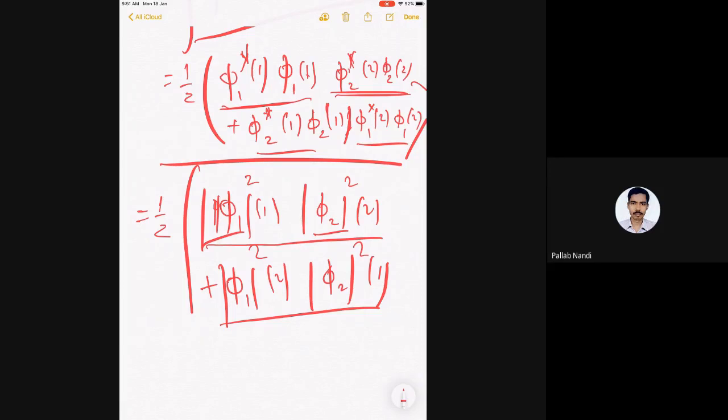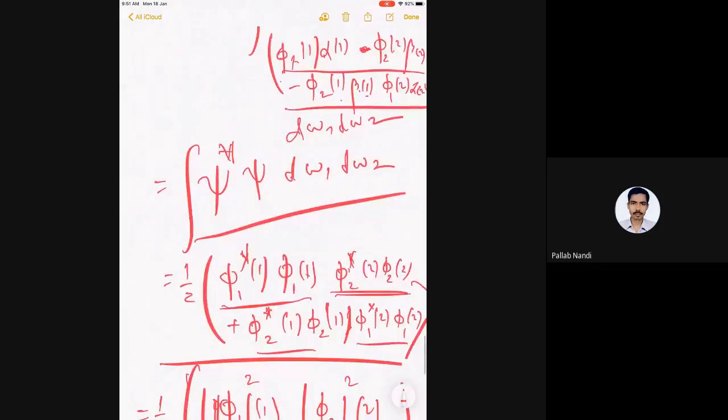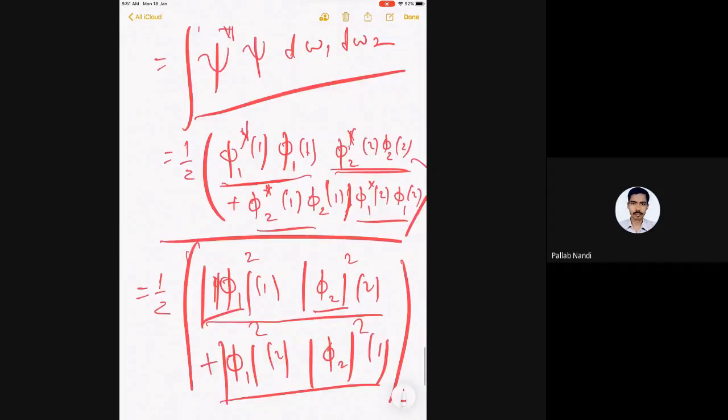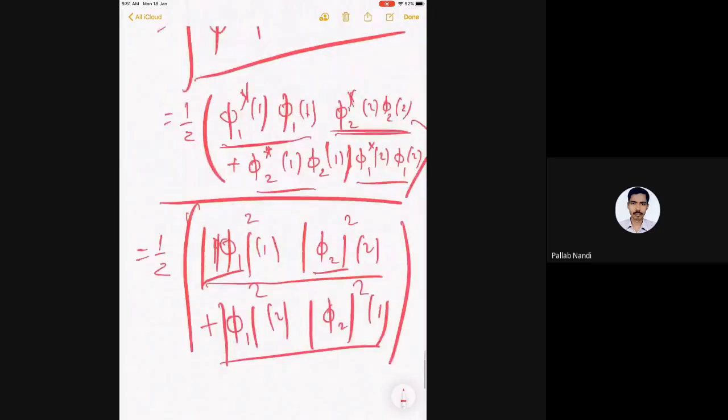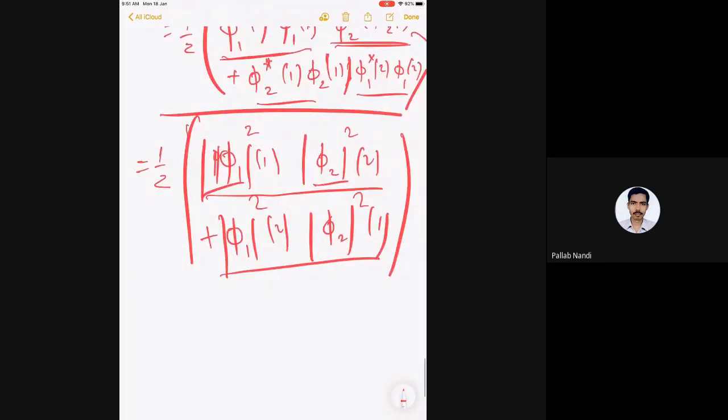And there is no further integration here, integration is already done. I hope all of you are able to follow this. Integration over omega 1, omega 2 is done, not over R1. So the probability of two electrons being found at R1 and R2 will simply depend on these densities at R1 and R2 multiplied in the reverse order.